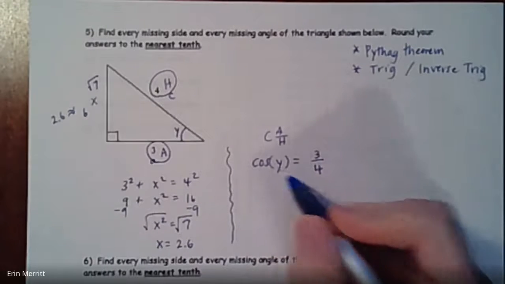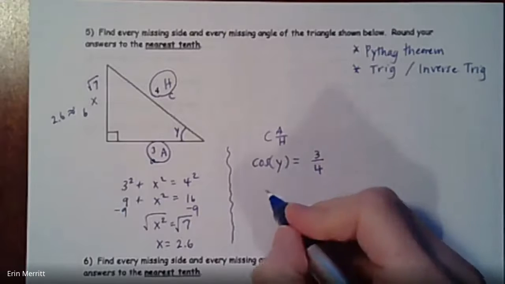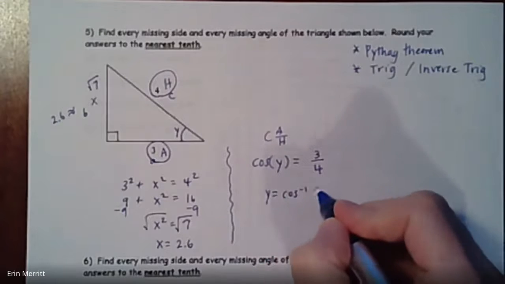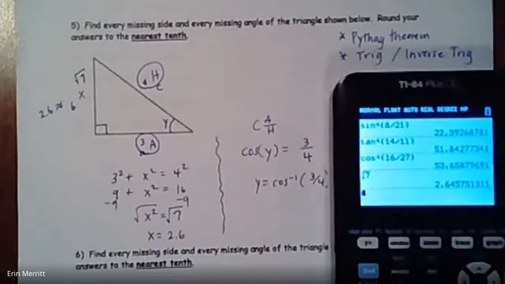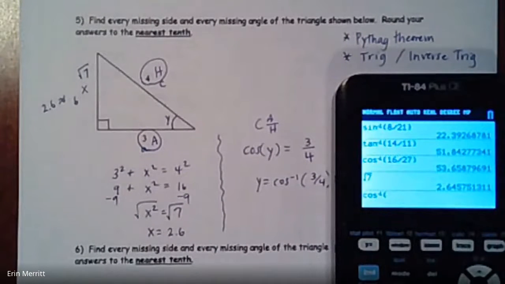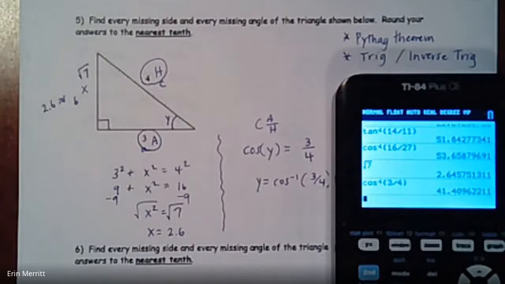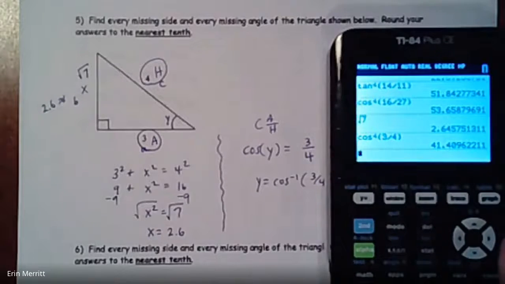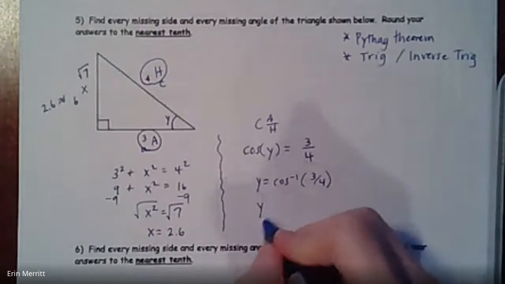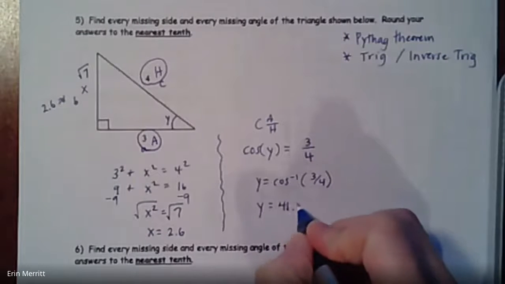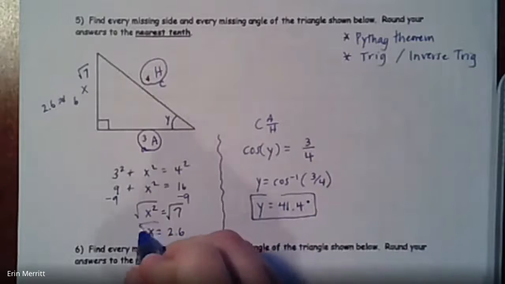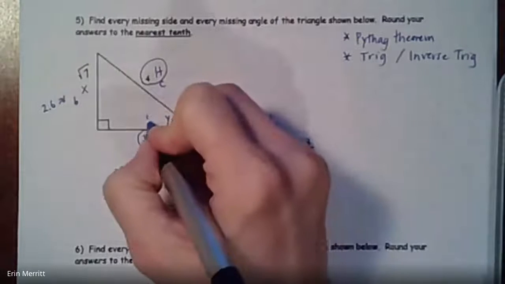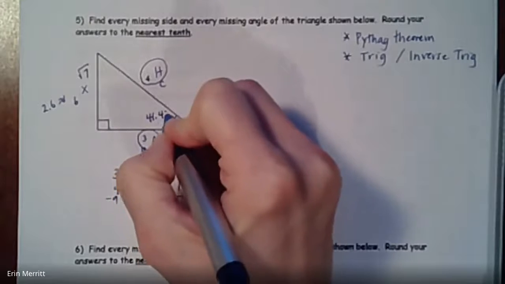Here's a perfect case where I don't have a value there, so I'm going to be using inverse cosine of 3/4 to get that value. So on my calculator, second cosine of 3 over 4, and that comes out to be 41.4 degrees. So that's this guy right there.